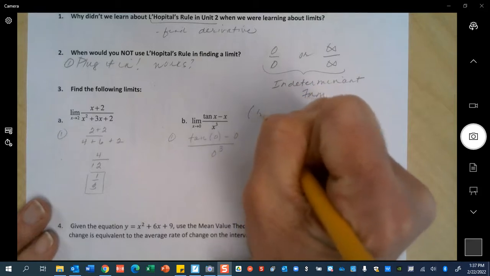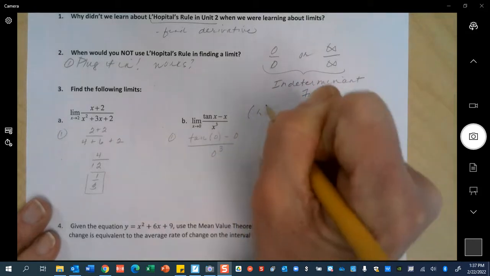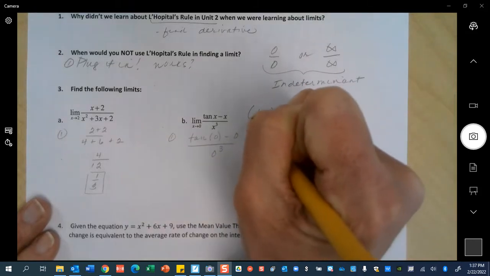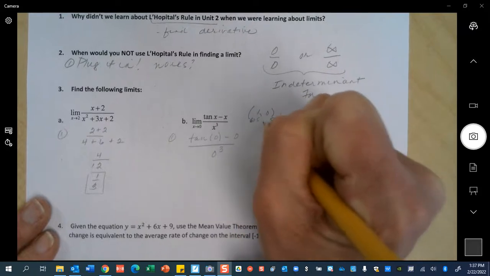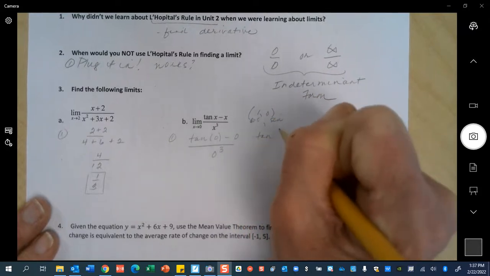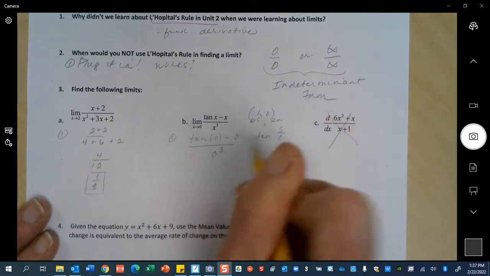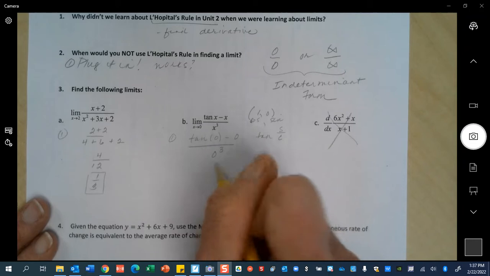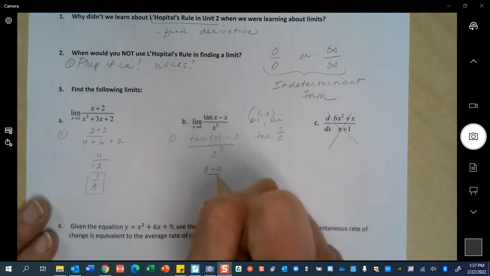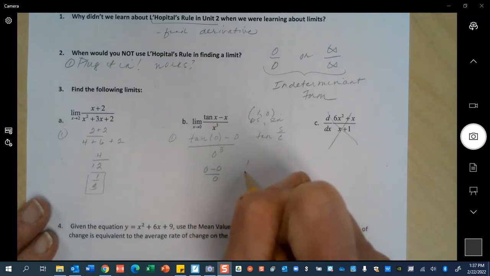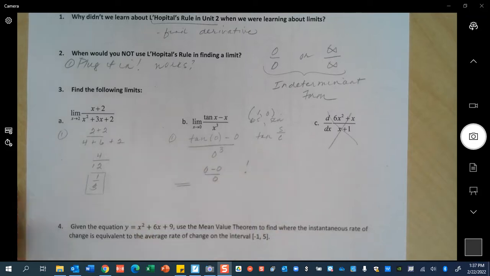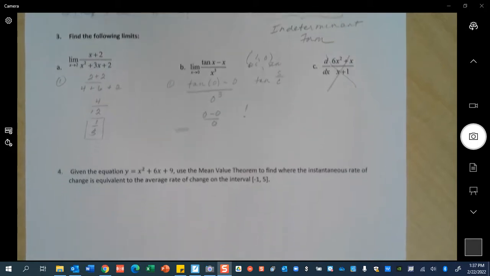So in our ordered pair, 1, 0, remember this is our cosine, and this is our sine, and our tangent is our sine over our cosine. So if I put my sine over my cosine, I get 0 over 0 over 0. And guess what? That's an indeterminate form. Now I need L'Hopital's rule.